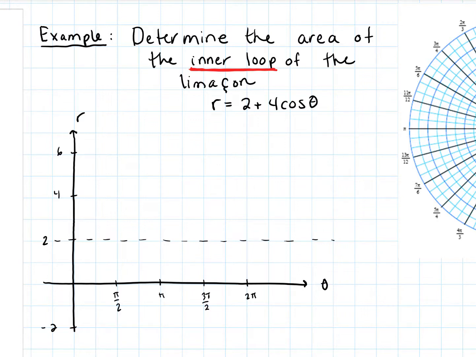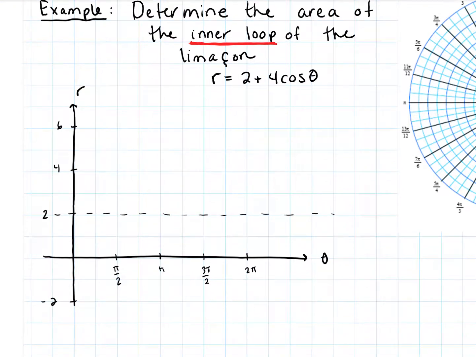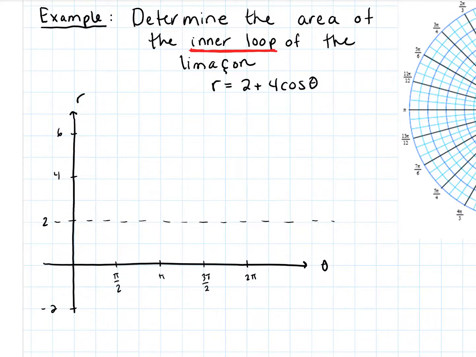So let's get that graph first. This is r equals 2 plus 4 cosine of theta. If we want to graph that polar curve, I like to graph the r versus theta curve here. So let's jump in here. I already got my coordinate system set up ahead of time. This is a cosine curve shifted up 2 with an amplitude of 4.